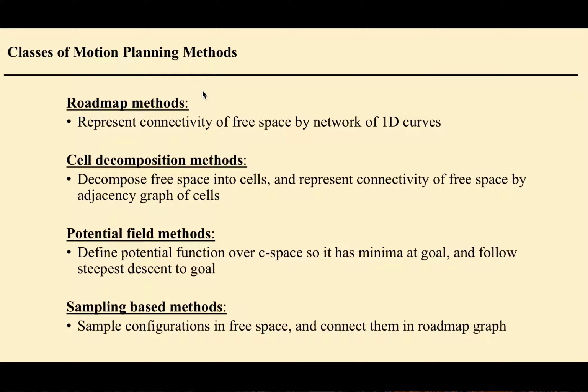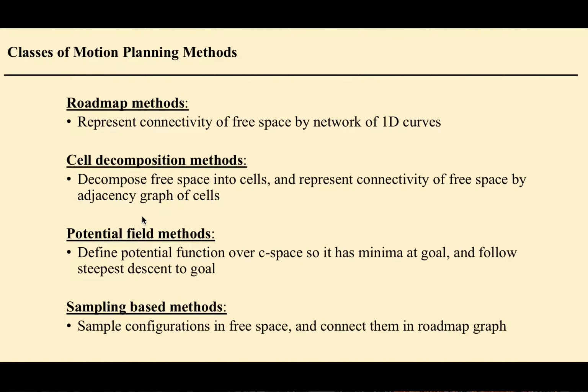The first one is the roadmap method, which represents the connectivity of free space by a network of one-dimensional curves. Another one is the cell decomposition methods, which decompose free space into cells and represent the connectivity of free space by an adjacency graph of cells. I'm going to give examples to clarify each of these methods.